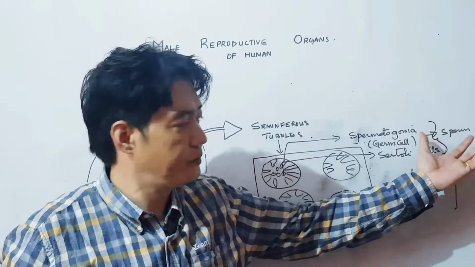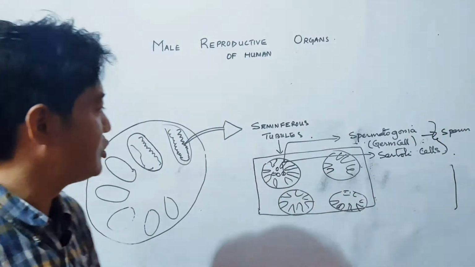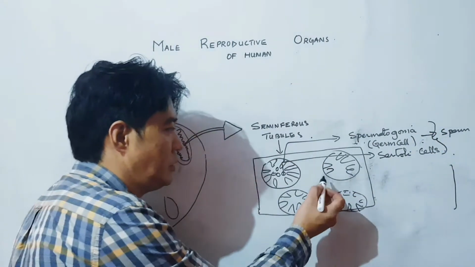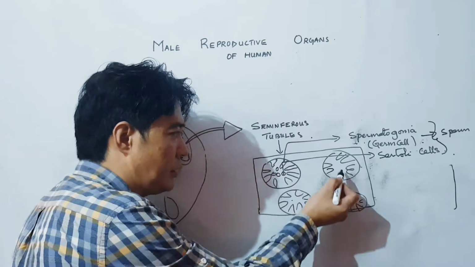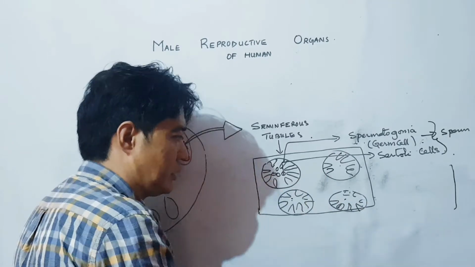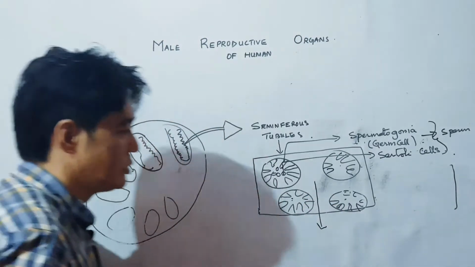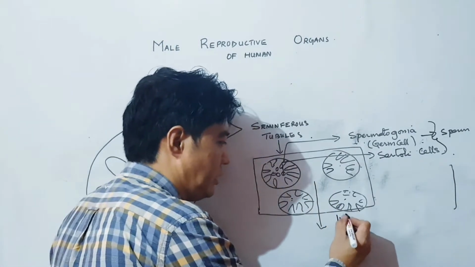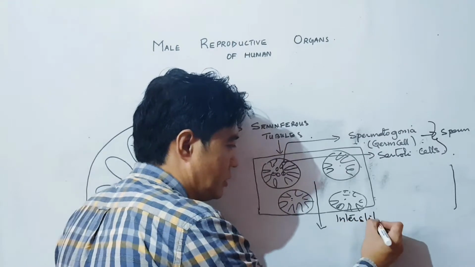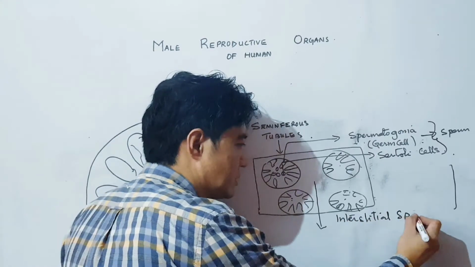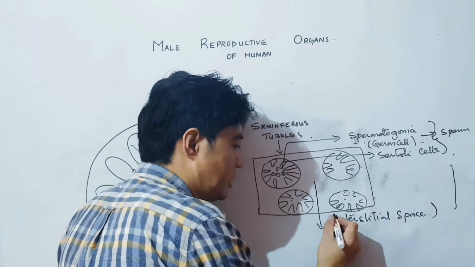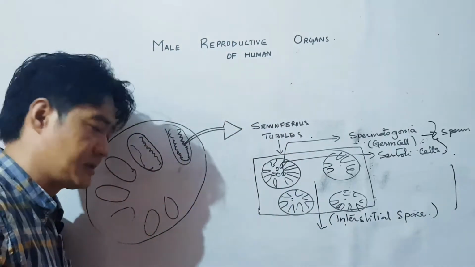to the sperm. And the space in between the seminiferous tubules is known as interstitial space, which consists of blood vessels.